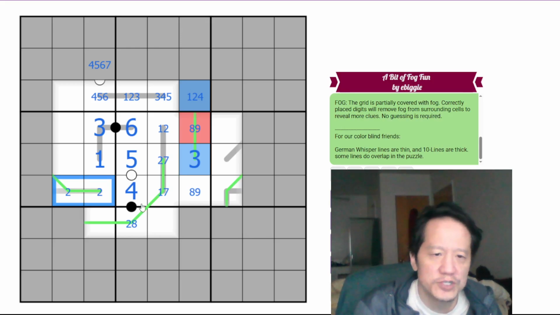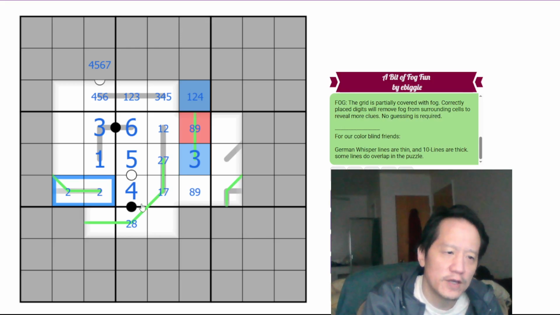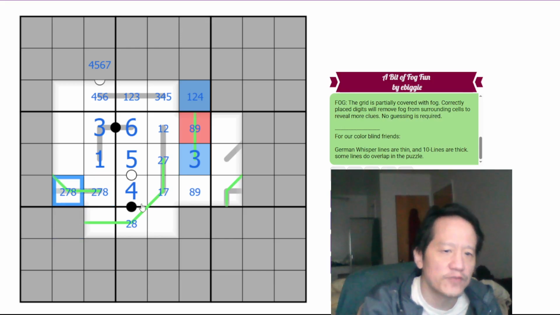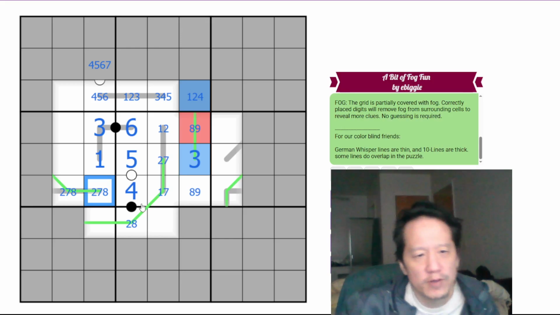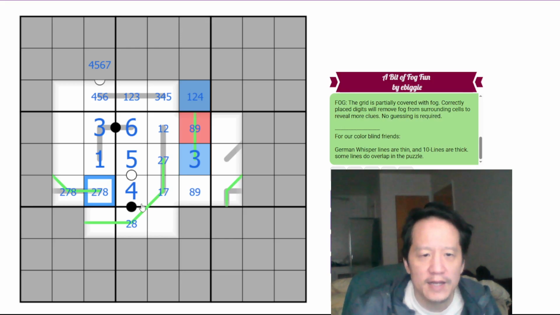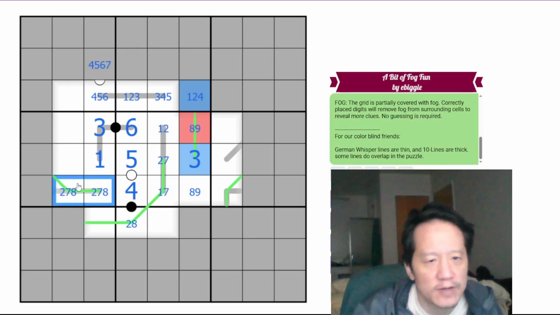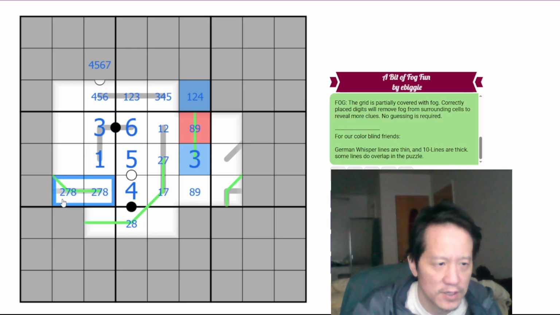It could be 2 with 7 or 2 with 8. Except that if you have 2 and 7 here, the problem is that doesn't add up to 10, right? And you would have to have a 1 to continue with that, but we already have a 1 in the box. So this cannot be 2 and 7.